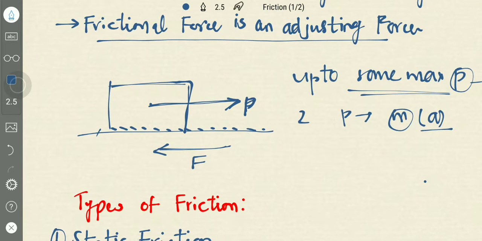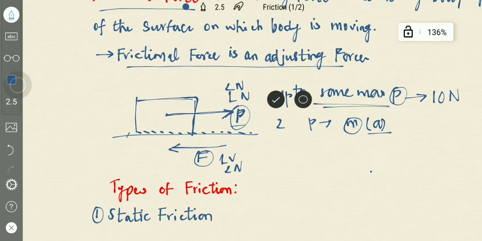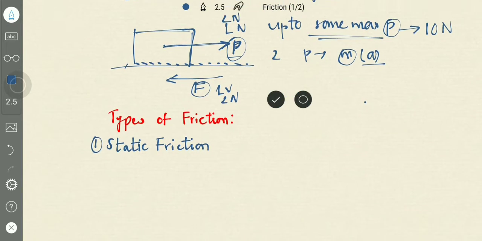If we apply 1 newton force, then frictional force will be 1 newton. If we apply 2 newtons, frictional force will be 2 newtons, which means up to 10 newtons the frictional force applied is equal to the force applied. That is an adjusting force. So frictional force is an adjusting force.